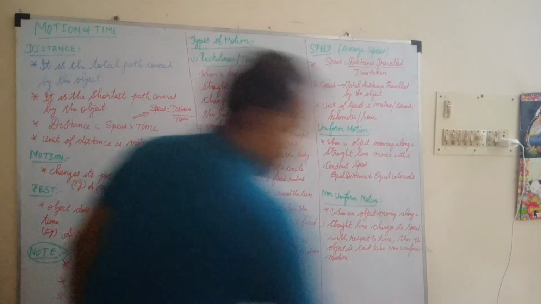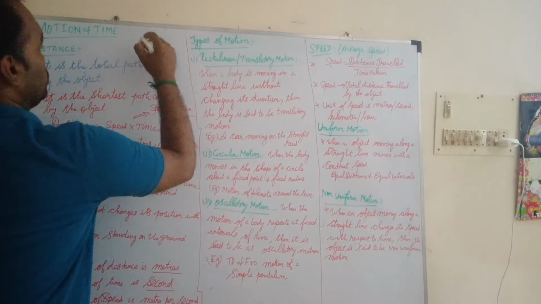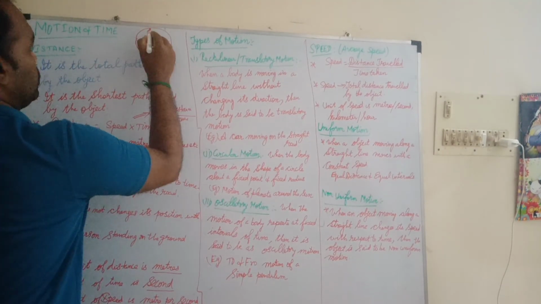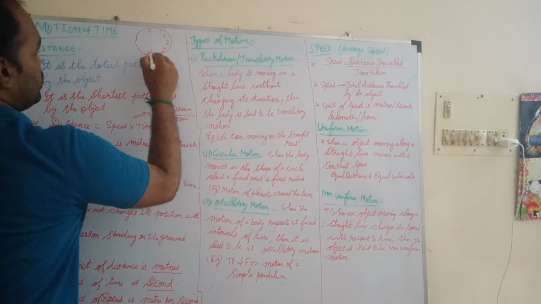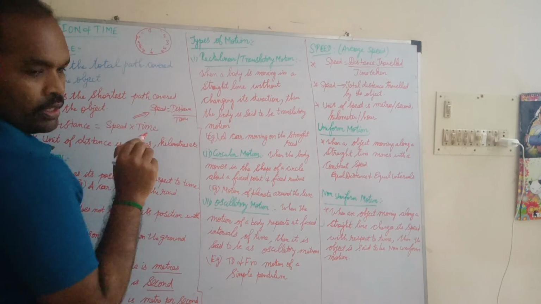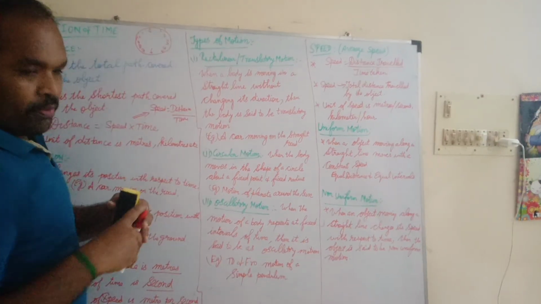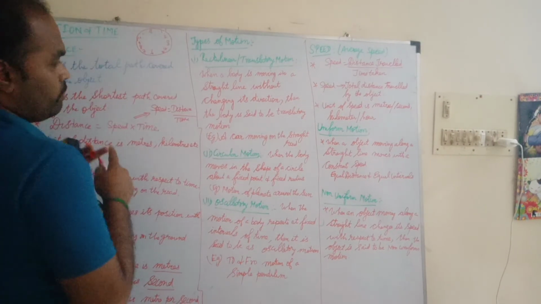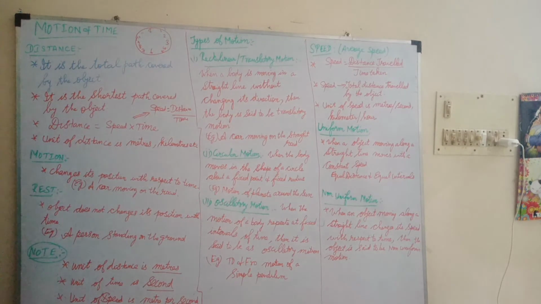For example, see here: 12, 1, 2, 3, 4, 5, 6, 7, 8, 9, 10, 11. From here to here, how many minutes? 5 minutes. From here to here? 5 minutes. Likewise, 5 minutes each. So equal distances are covered on the clock. The intervals from 1 to 2, 2 to 3, 3 to 4, 4 to 5 are also equal.